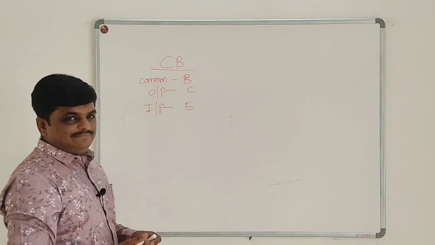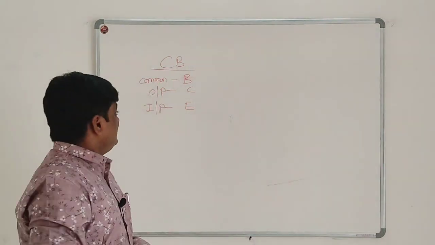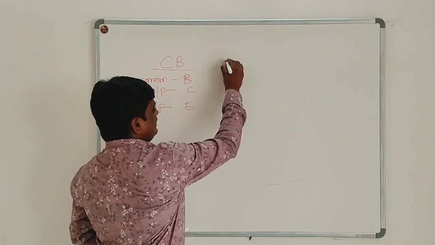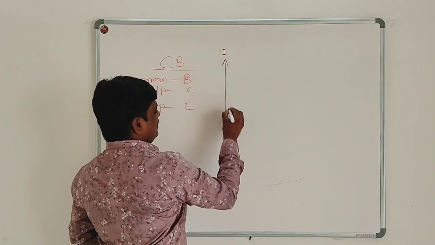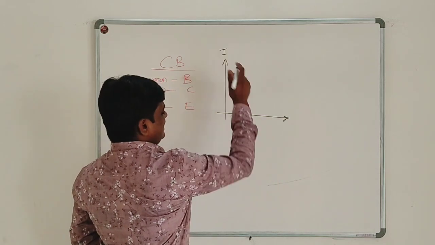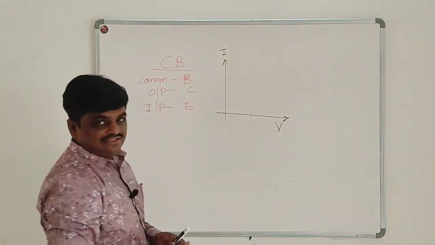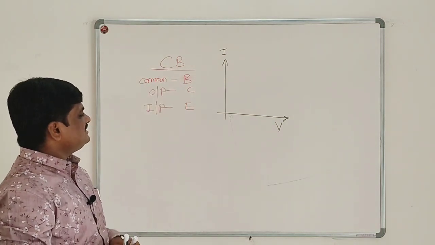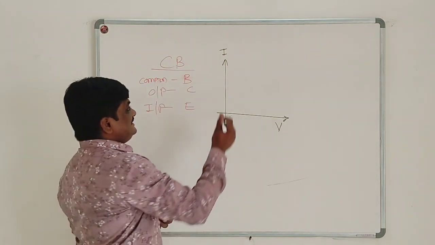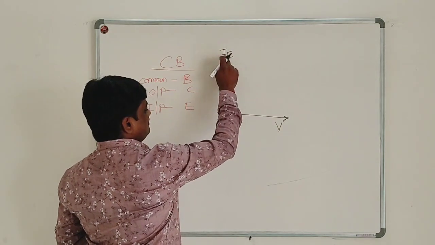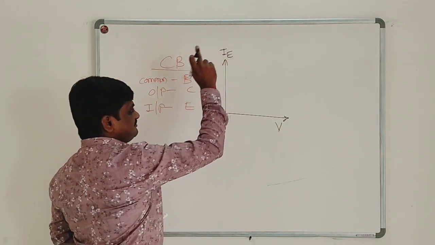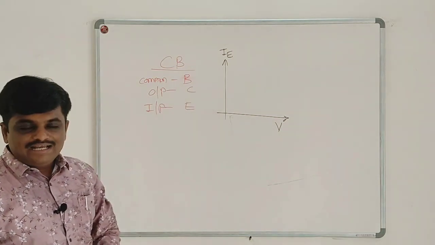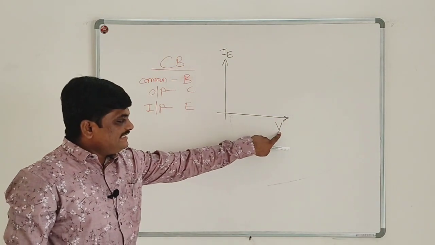Now if you consider the input characteristics of common base configuration, obviously it is the graph of input current on y-axis versus input voltage on x-axis. So here in common base configuration, which is the input current? IE is the input current. So that is why on the y-axis of the input characteristics of common base configuration, it will be IE, and versus it is the input voltage.